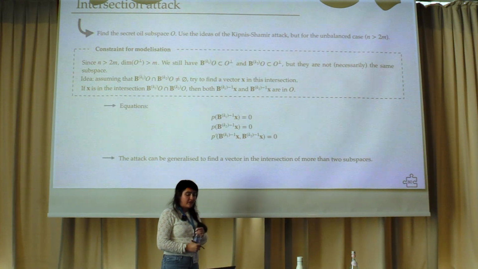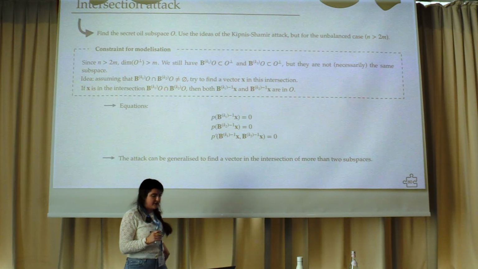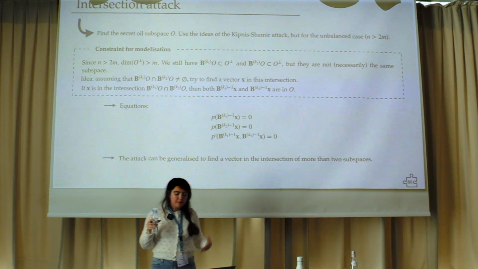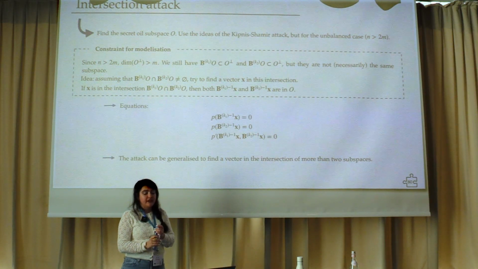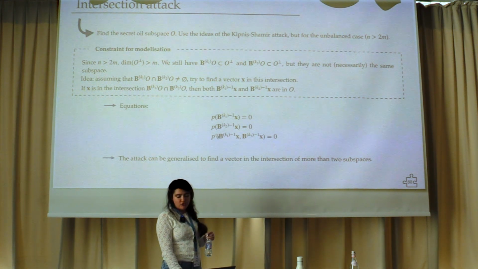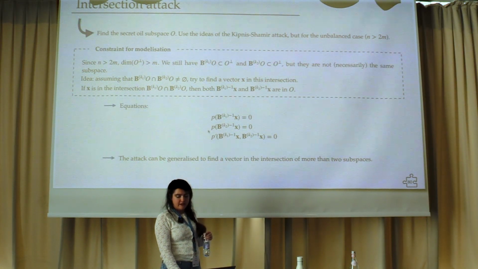On the one hand, if you look at an intersection between three subspaces now, the positive is that you will get a lot more equations, right? You have these three equations, and you get three packets of equations.